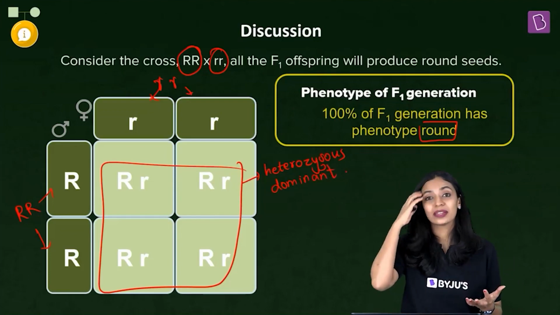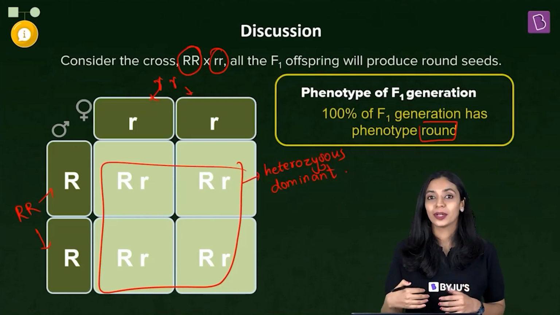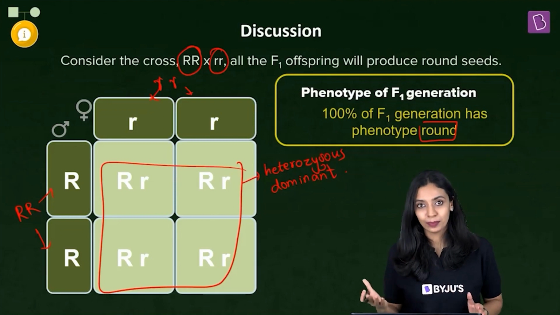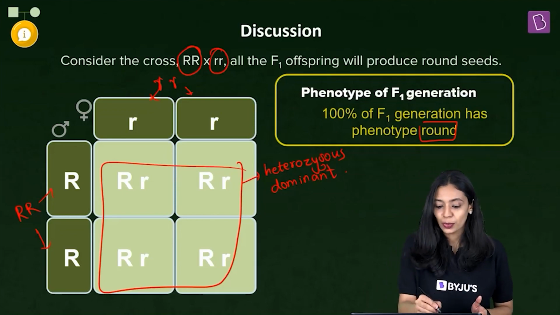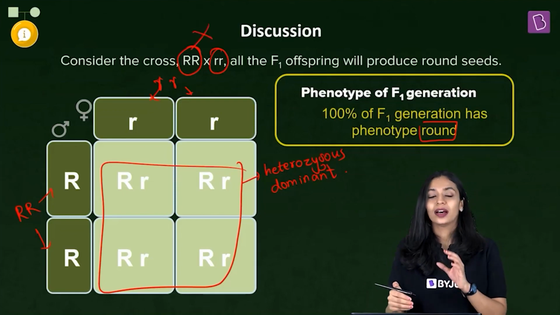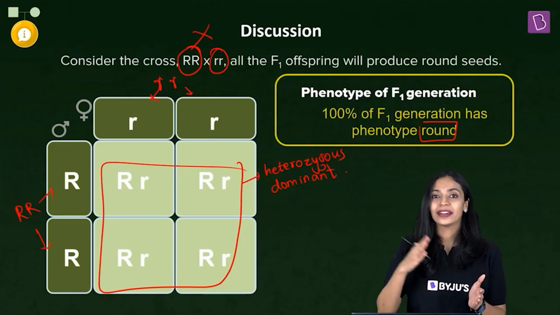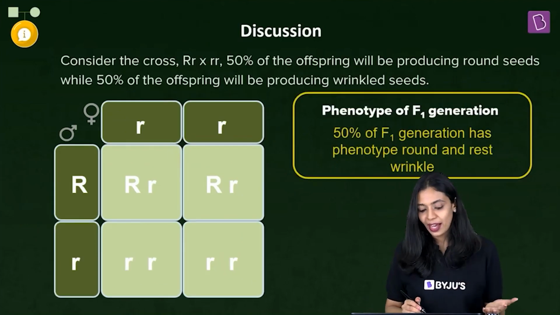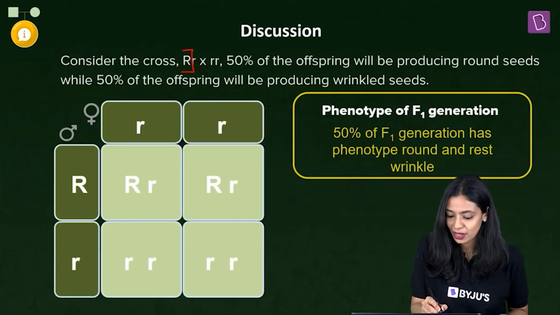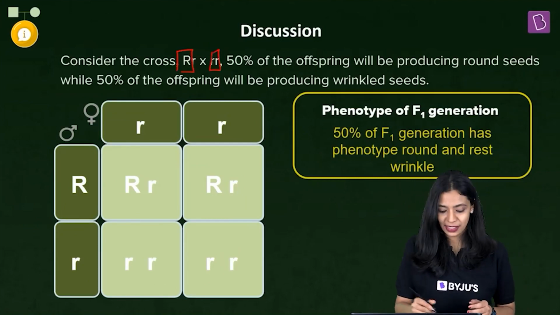But in the question, it was given that the resulting F1 hybrid also showed 50% wrinkled seed producing plants. So it is not possible for the parents to be capital R capital R and small r small r. So the only other option we are left with is capital R small r and small r small r as the parents.